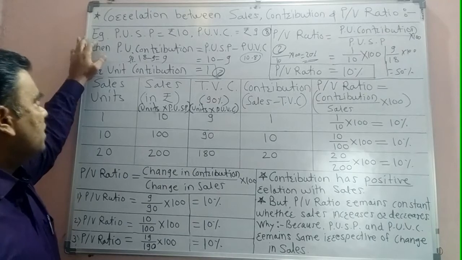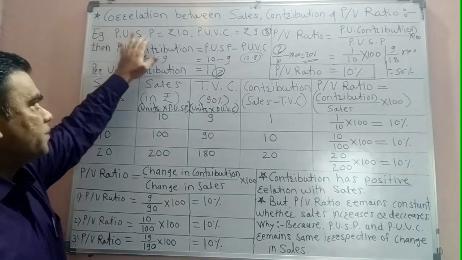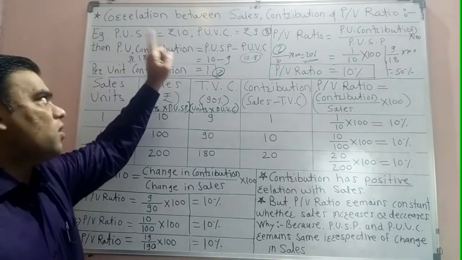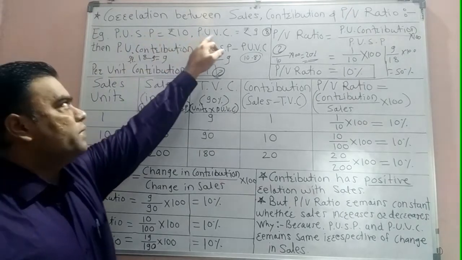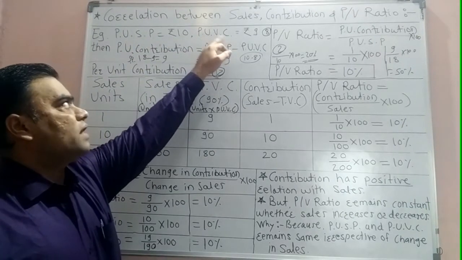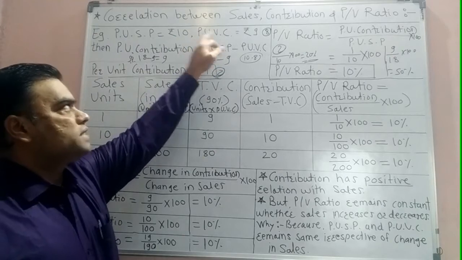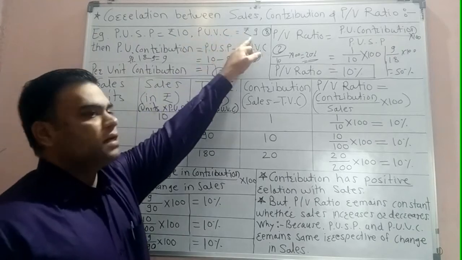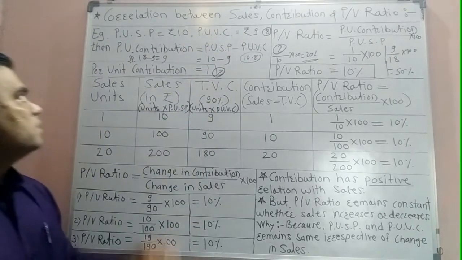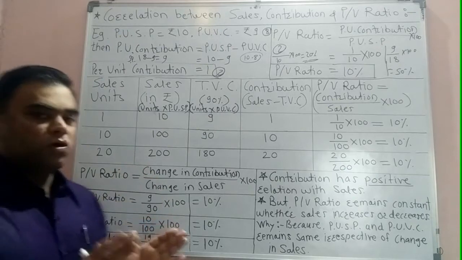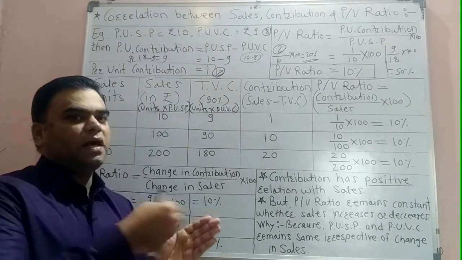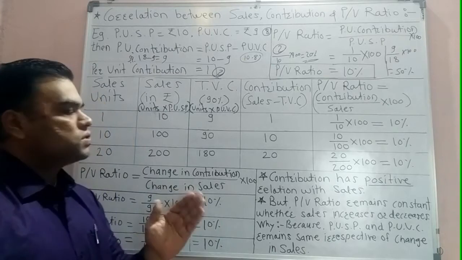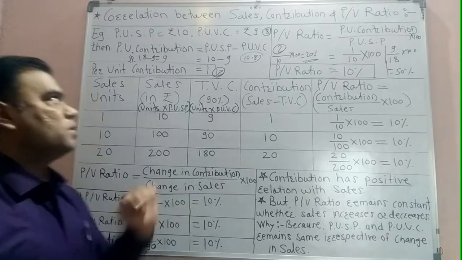In our example, per unit selling price, that is, the selling price of 1 unit, is rupees 10. Per unit variable cost, that is, the variable cost of a single unit, is rupees 9. As we know, contribution means sales less variable cost, the remaining amount. So what will be the per unit contribution?